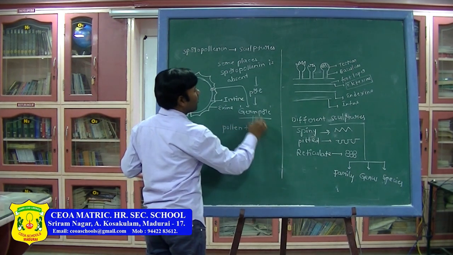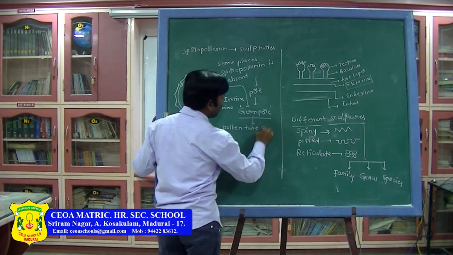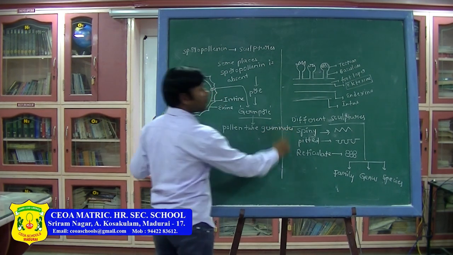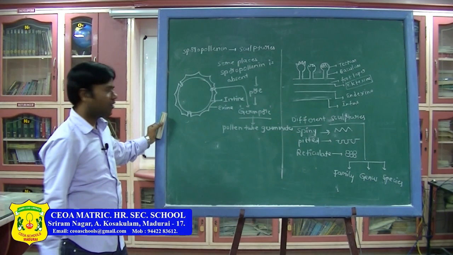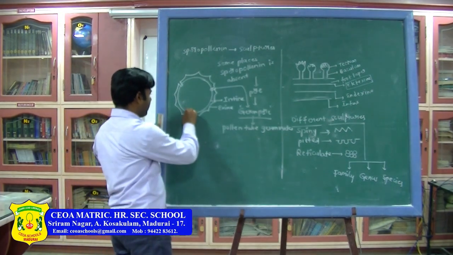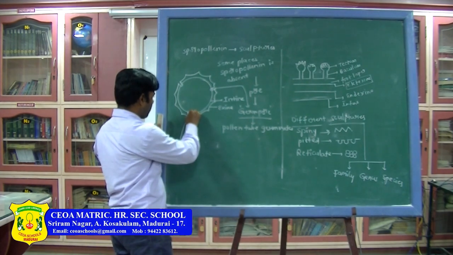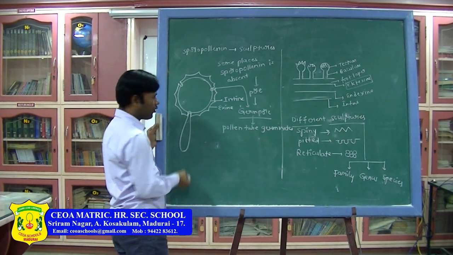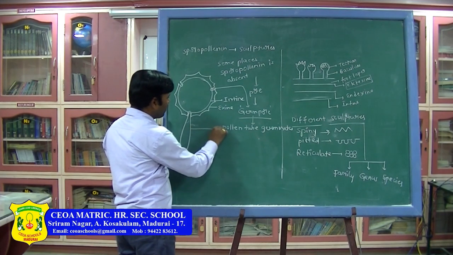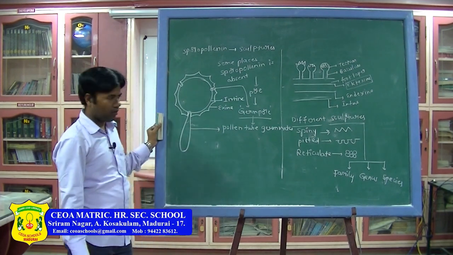From the germpore what happens? The pollen tube germinates. Then, how will the pollen tube be germinated? This is the pollen tube. So from the germpore we are getting the pollen tube germinating.